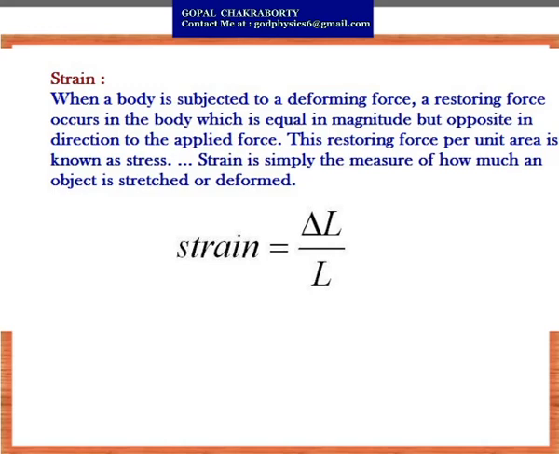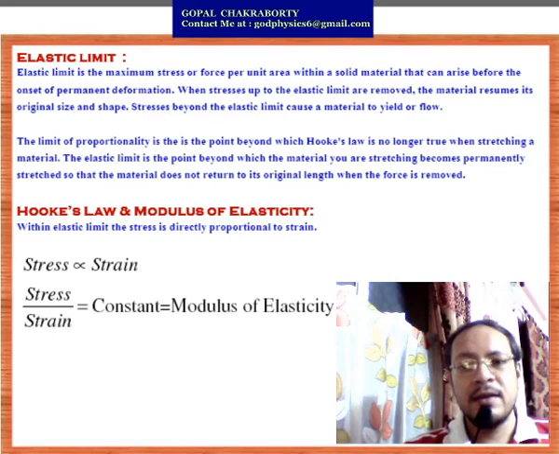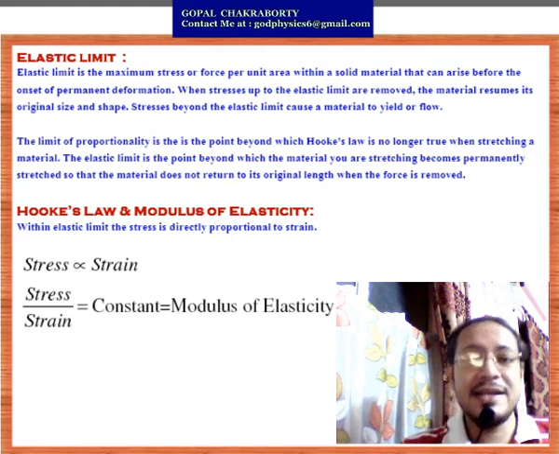So strain can be written as change in the length or volume with respect to the actual length or the volume. So it will be del L by L, or del V by V, or maybe del R by R. So change with respect to the actual length or actual volume. This is your strain.